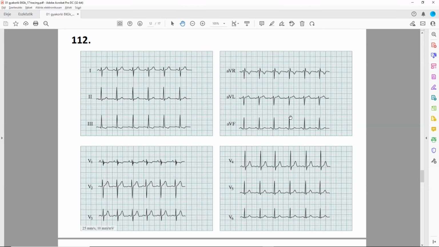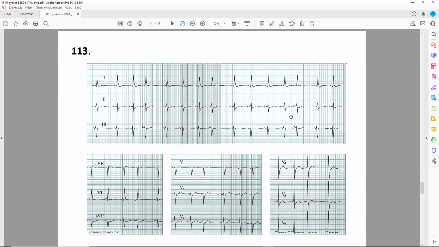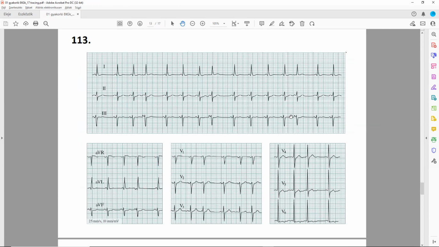Yeah, or a little bit less because AVR is negative, so that's around 110 or so, we don't know. You can say that's an extreme right deviation, so you don't need to think too much about it, okay? And you do see sinus impulse formation, and the rate, everything is normal, so that's it. So it's normal sinus rhythm. Okay, good. All right, let's see this one.